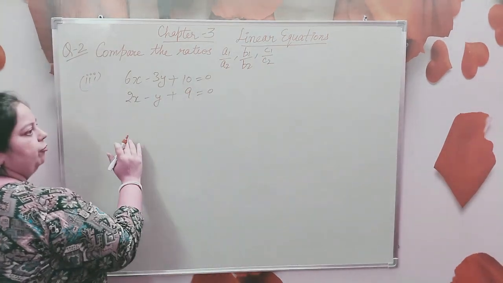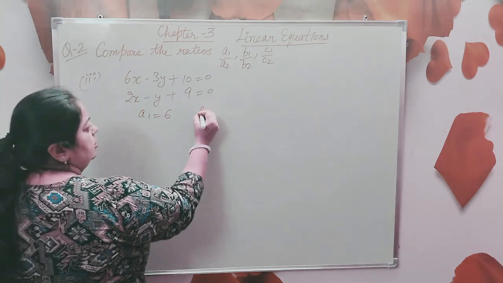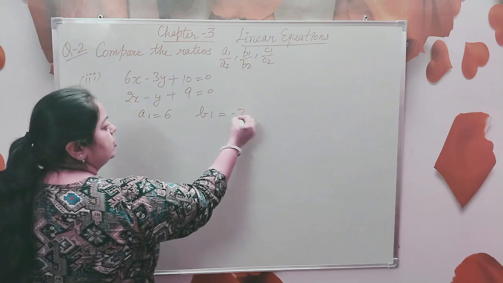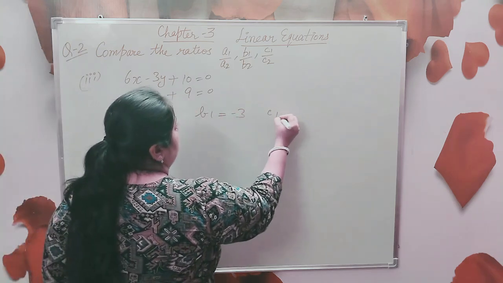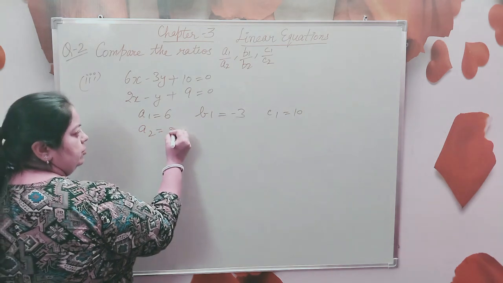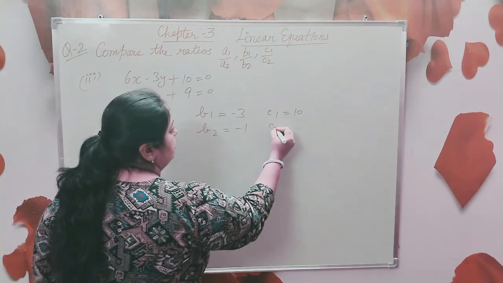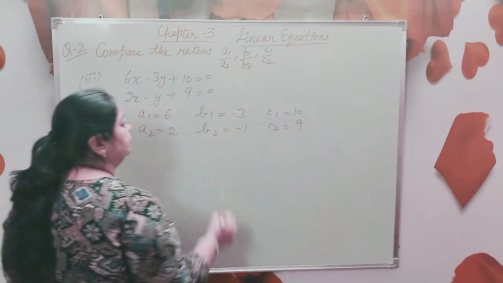Similarly, firstly, we have to write down the value of a1 that is 6, b1 that is minus 3, c1 that is 10, and a2 is 2, b2 is minus 1, c2 is 9.